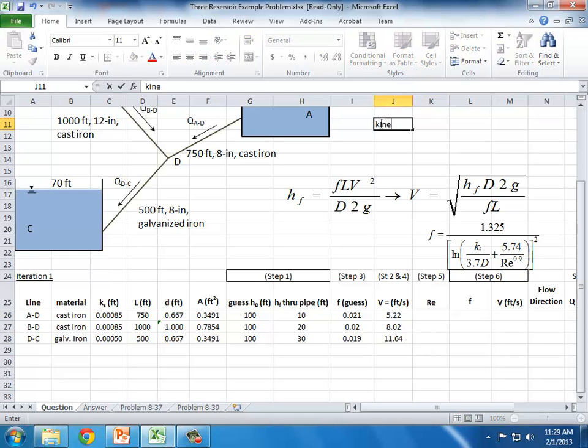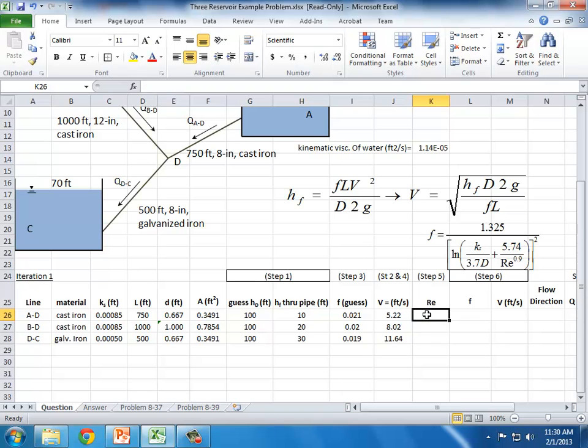Kinematic viscosity of water, and the units are going to be feet squared per second. It is 1.138 E negative 5.